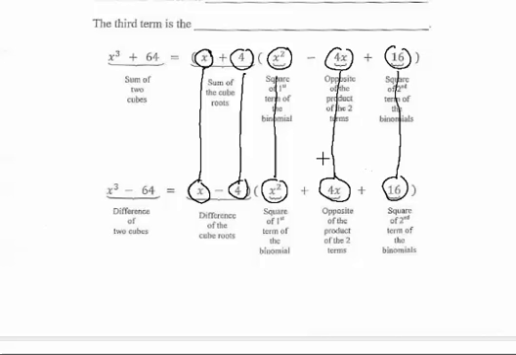So regardless of whether you have the sum or the difference, we're going to have the same components here. But now you notice that there is a difference between the signs in some cases, the third sign being the same in both.